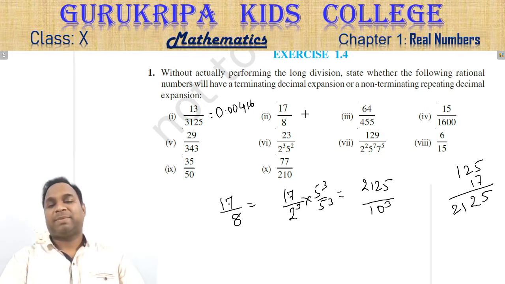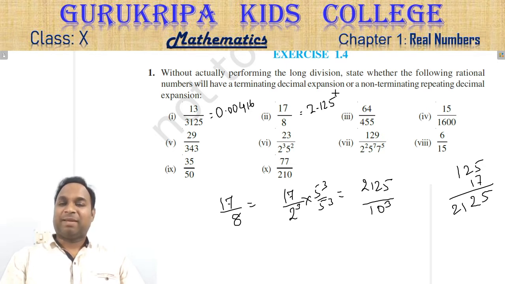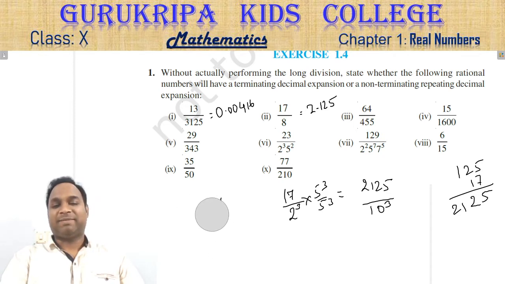So what will be the decimal number? 2.125. Isn't it? How simple it was. If you actually do the division, it will take a lot of time. But without dividing, you can find the answer very easily.